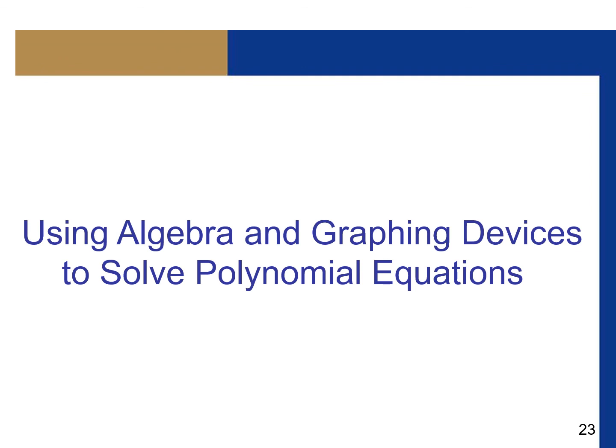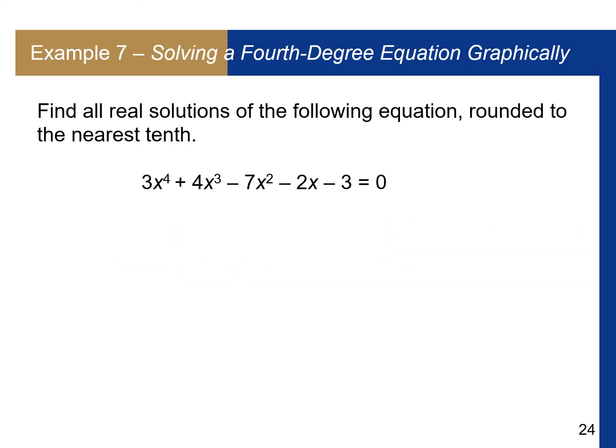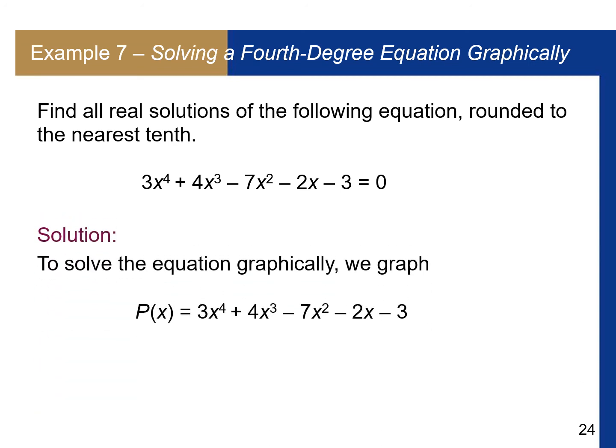All right, we're going to take a quick look at using some algebra and graphing devices to solve polynomial equations. Here we're going to find the real solutions of the following equation rounded to the nearest tenth. So to solve the equation graphically, we will graph this.